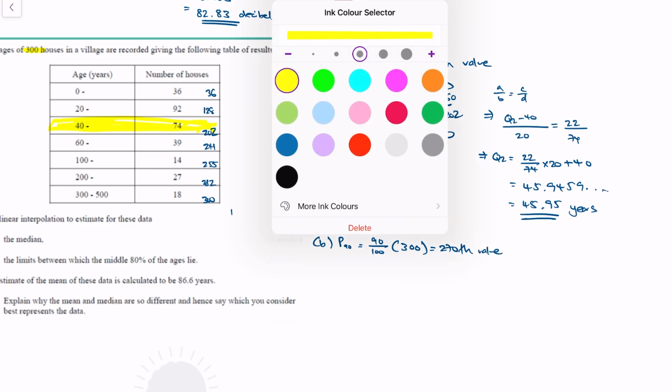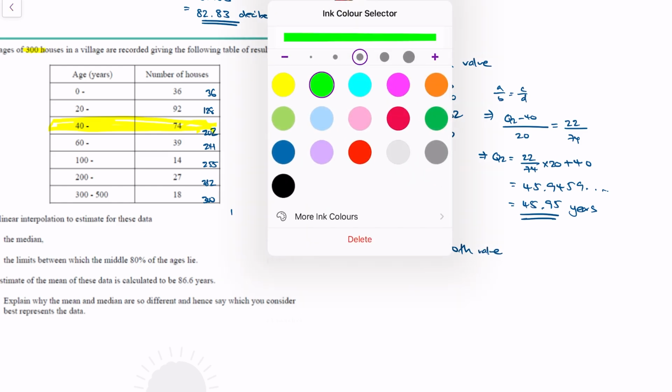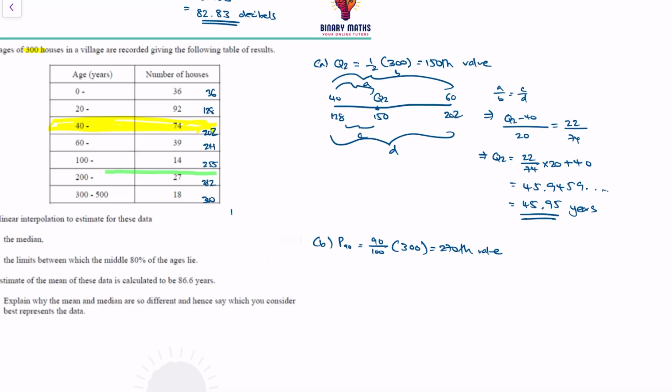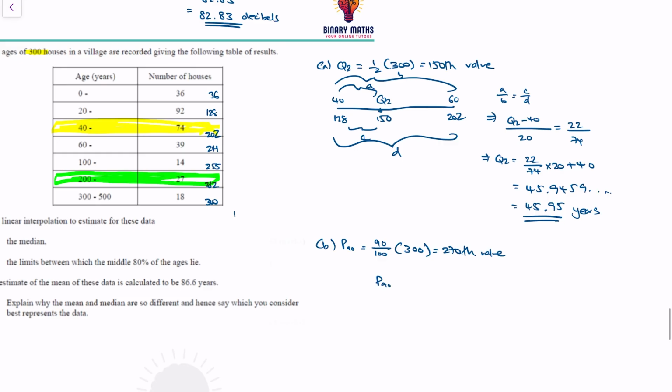Looking for where that is, it would be in this class interval. P90 is the 270th value, between 200 and 300, lying between 255 and 282.